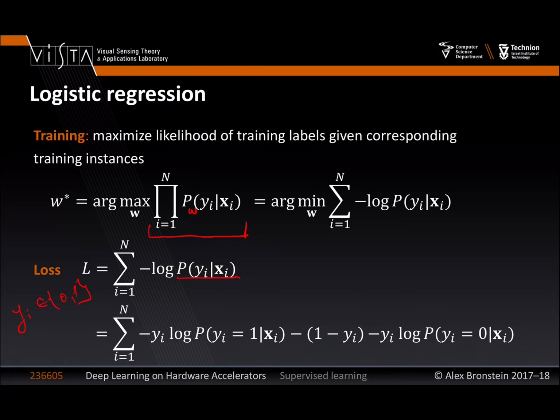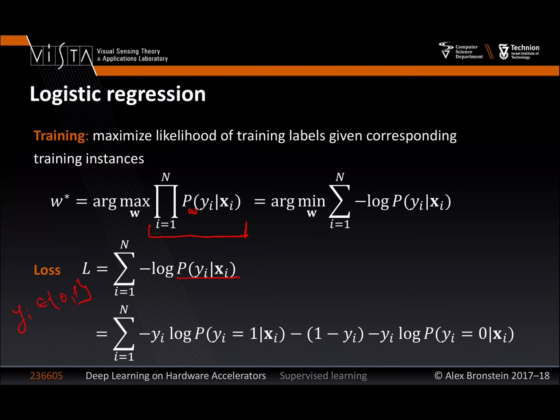By the way, we are freely switching between y being plus or minus 1 and y being 0 or 1. That doesn't really matter. These are just two conventional names that we give to our labels in binary classification. In this case, it is more convenient to work with 0 and 1, so I'm using the fact that y can be either 0 or 1 to write it this way.